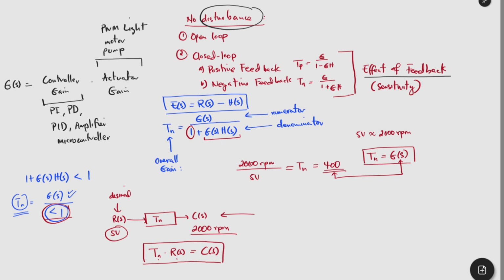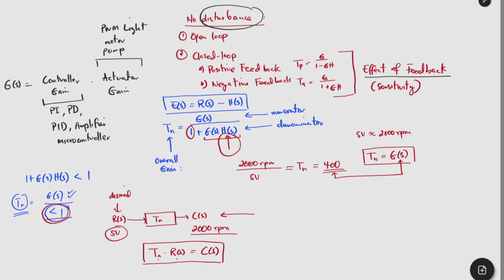So if we want to have a value which is less than 1, it cannot be 0 because it will be unknown. Therefore, we know that the H of s is always negative in a negative feedback control system. And if the feedback has a greater value, we know that there is a disturbance with the output.